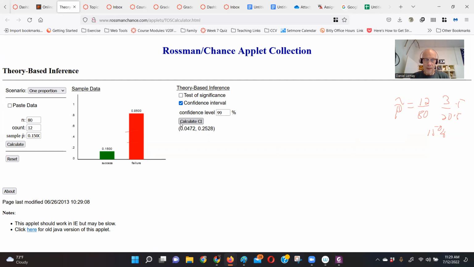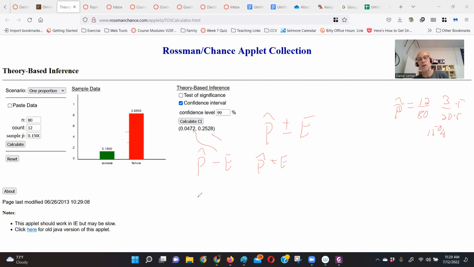Okay. How do you get the margin of error? What if the problem asks you for the margin of error? Well, we know that it's going to be p hat or x bar plus or minus some margin of error. We know that p hat minus the margin of error is there, and p hat plus the margin of error is there.